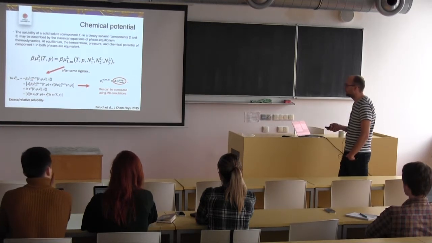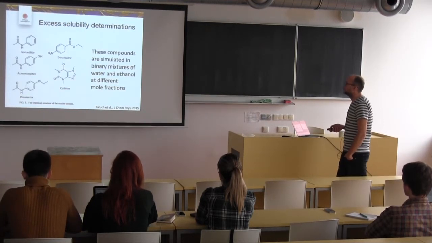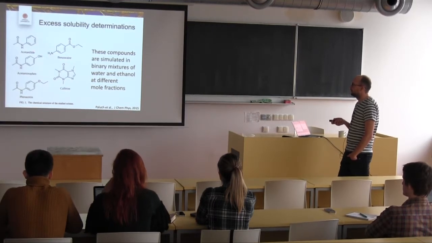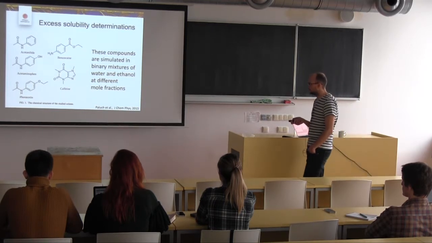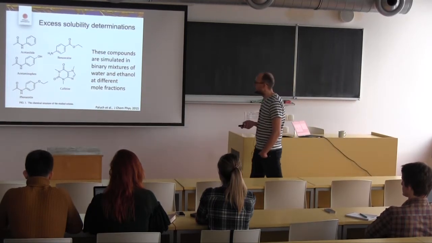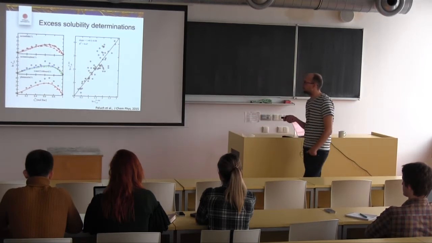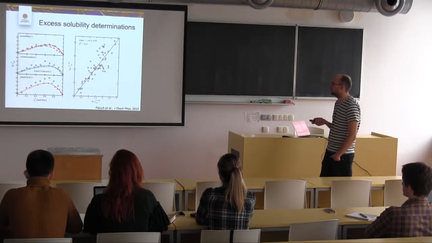So in this work, they did that for these 5 compounds and simulated them in binary mixtures of water and ethanol at different mole fractions. And you get something like this. Again, these are rather nice results.